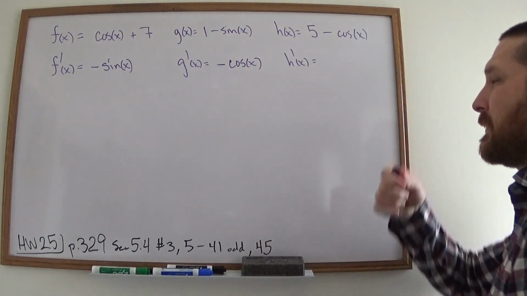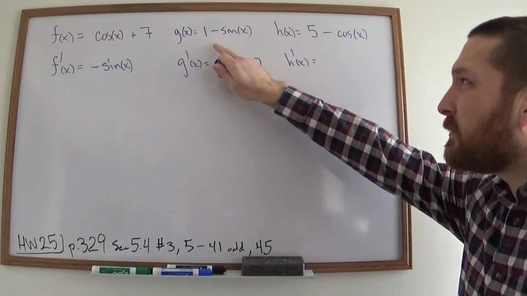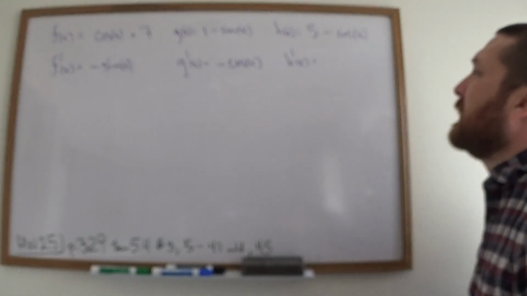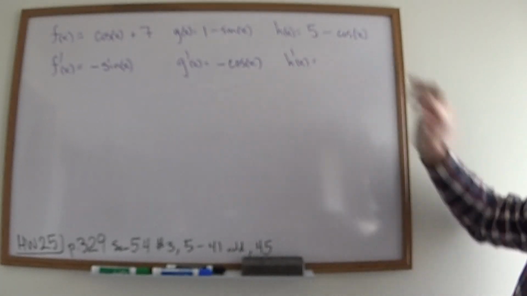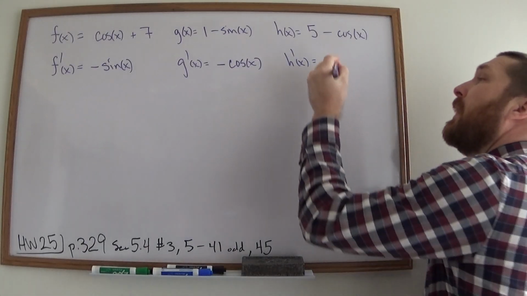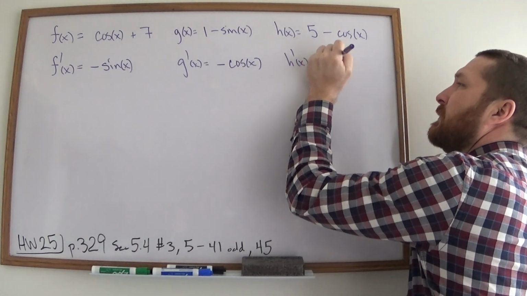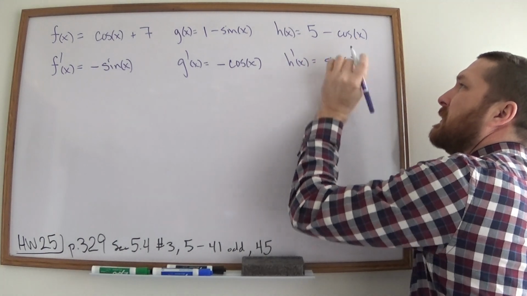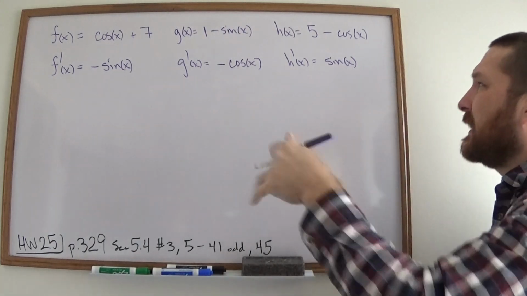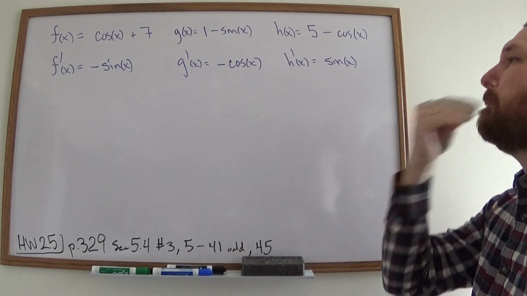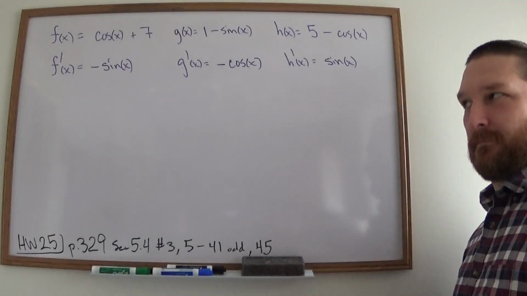Because sine goes to regular positive cosine. But what happens to the 1? It goes away. What about this one? What do we get? Positive sine x, right? Because negative cosine, take the derivative, goes to negative sine. Negative is positive.